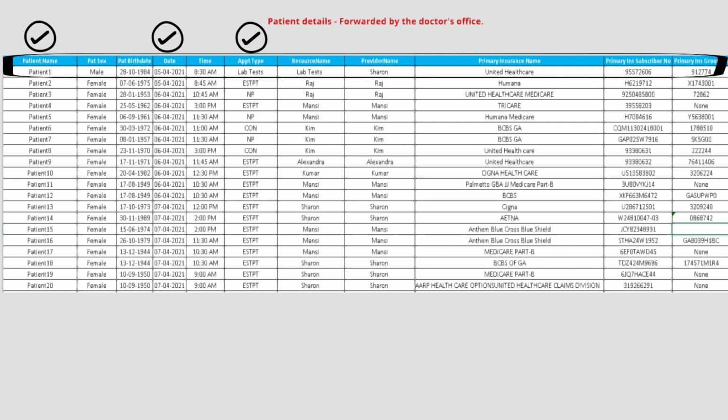It also contains details about the patient's insurance, the name of the insurance company, the member ID, and the group number.